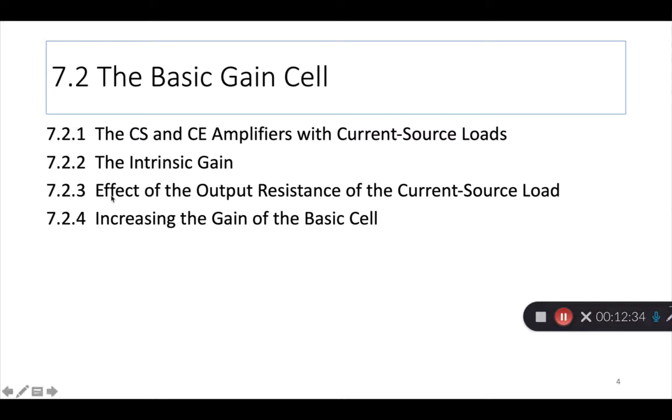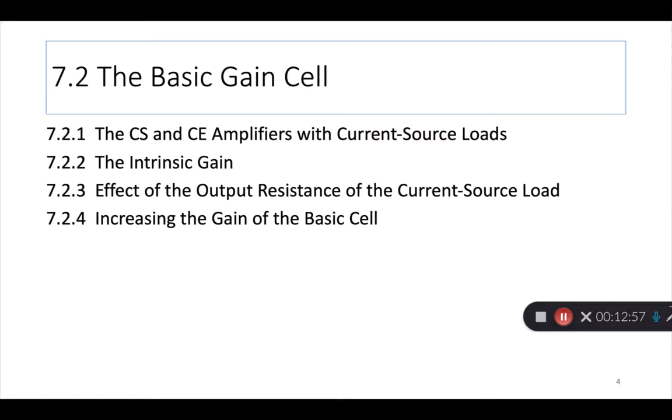And it has 1, 2, 3, 4 subtopics, and we'll go through each one of these in some detail. Depending on time, I may do an example or two also in this recording, or do all the problems in the next one.